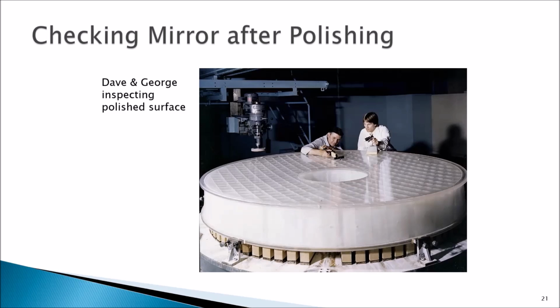Now, Corning also invented a material called Pyrex, and many of you are familiar with it and use it in cooking. But you may not know that its main contribution in the late 40s was being used for the 200-inch mirror at Mount Palomar.